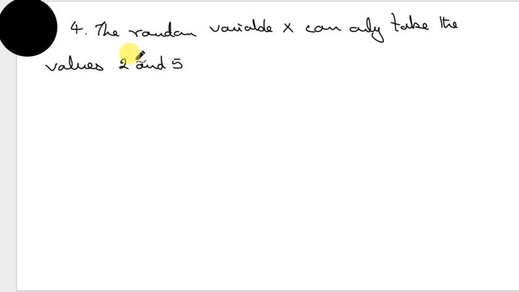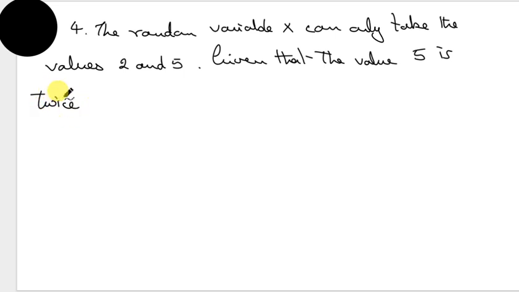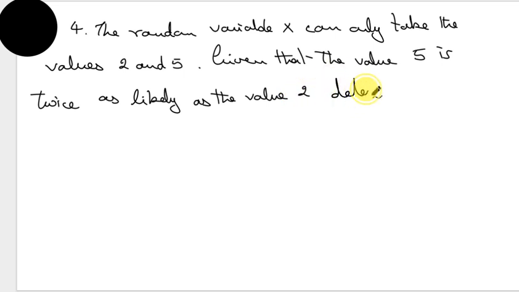Given that the value 5 is twice as likely as the value 2, determine E of x. So E of x is nothing but our mean, right?